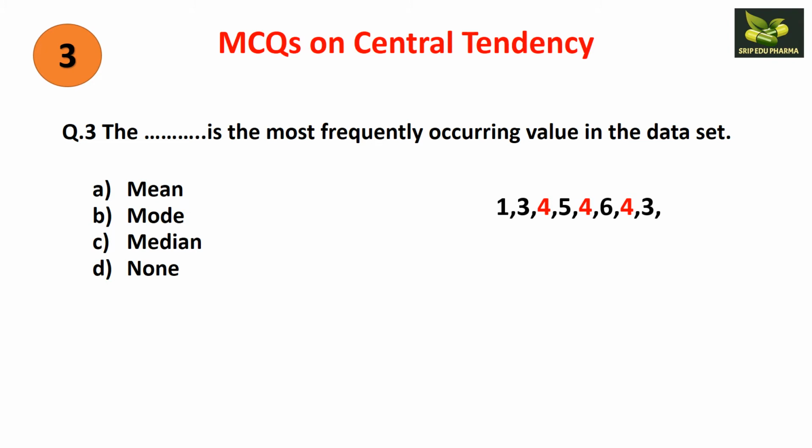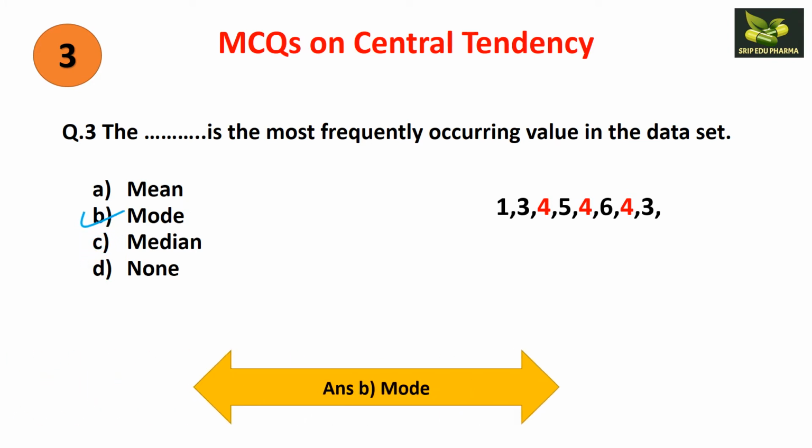So in this data the value 4 is the mode. Mode is calculated by seeing the value which comes many times, or which has the highest frequency. So the answer is B, that is mode.